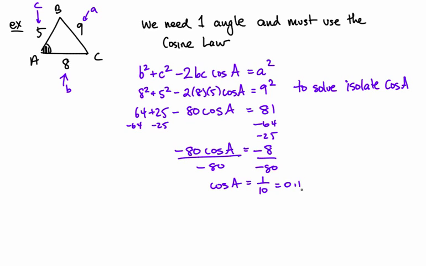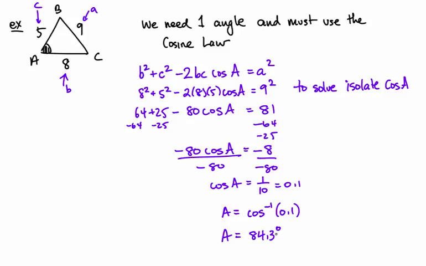And now to find my actual answer, I have to do inverse cos. So cos to the little negative 1 like that, or second function cos on the calculator, and I'll calculate that. I have 84.3 degrees. And the good news with the cosine law, there's no ambiguous case, and I have my solution.